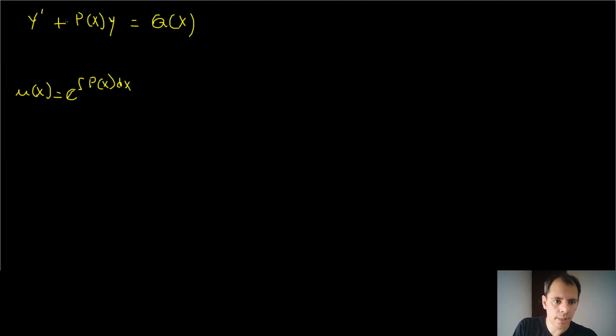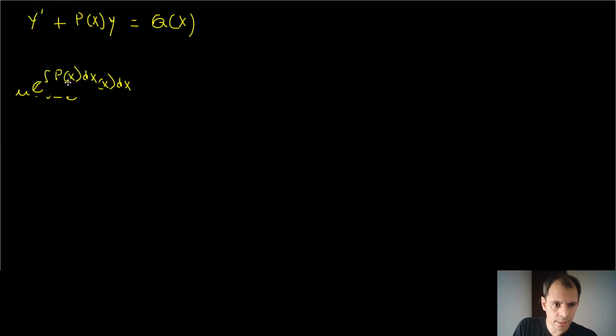Now we're going to multiply everything here, so it's going to be e to the integral. Let me see here. You know what I'm going to do? I'm just going to copy this. I'm going to select this stuff. I'm going to copy it. Fine.